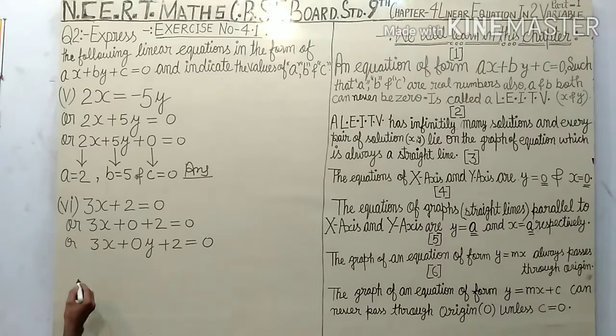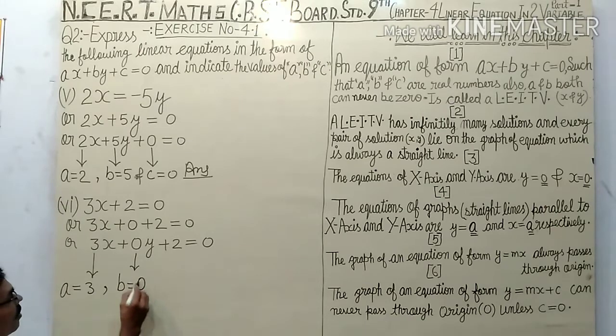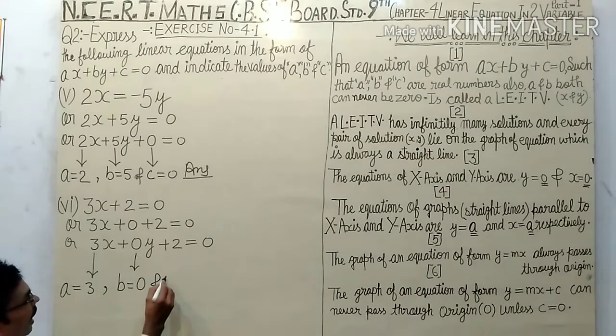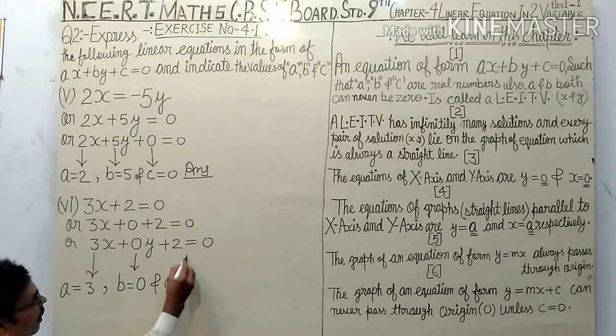Now you may compare the values of a, that is the coefficient of x, b, that is the coefficient of y and c, that is the constant term. So students, a equals 3, b equals 0 and c equals 2. So students, write the answer.